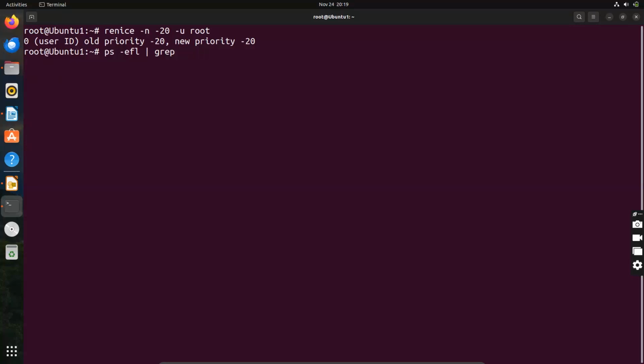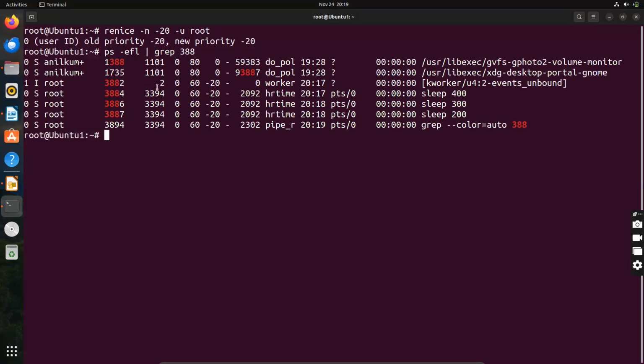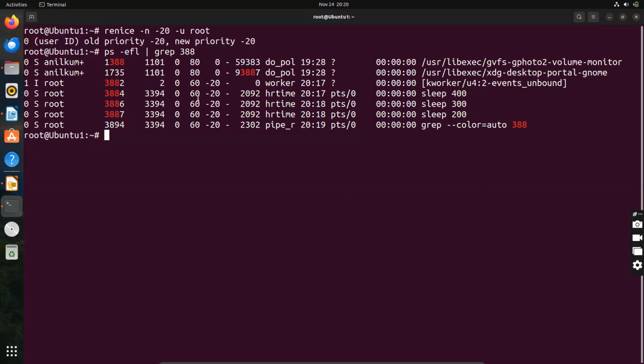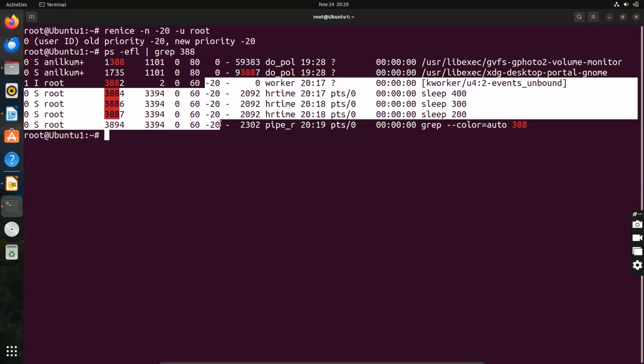So what we can do, grep 388. If you observe here, all the priorities were previously very high, near 90. Now it is reduced to 60. 60 means we just updated to -20.